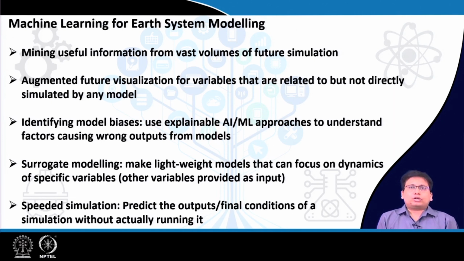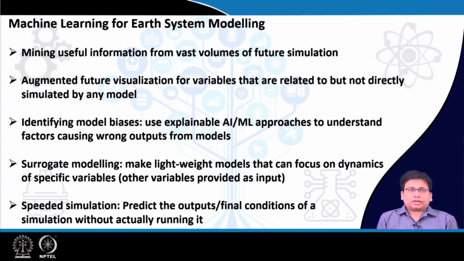So now, instead of running those huge models, can we use some low cost machine learning models which do not aim to simulate the entire earth system, but maybe focus only on certain parts of the earth system, and for any earth system model, the machine learning model will be able to tell me what that earth system model will simulate for any given input for a particular variable.